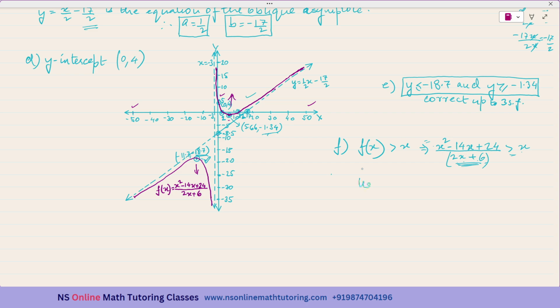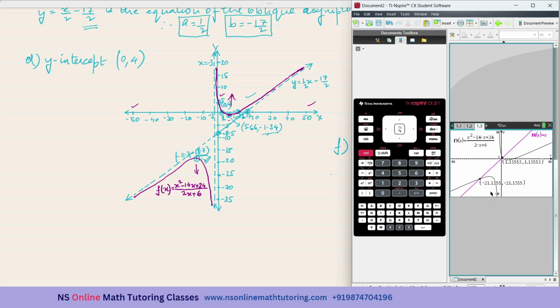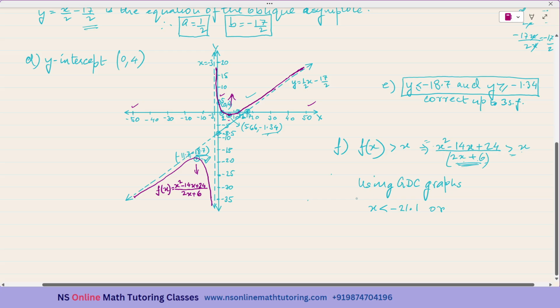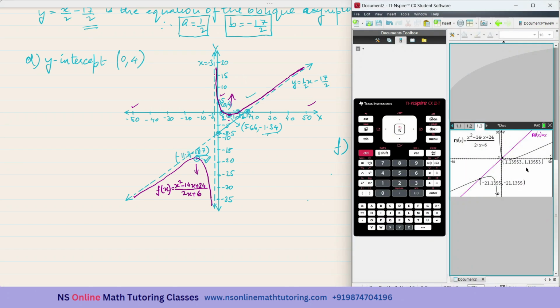Using GDC graphs, x is less than, let me see once more, negative 21.1, or x will be greater than negative 3 but less than 1.14.